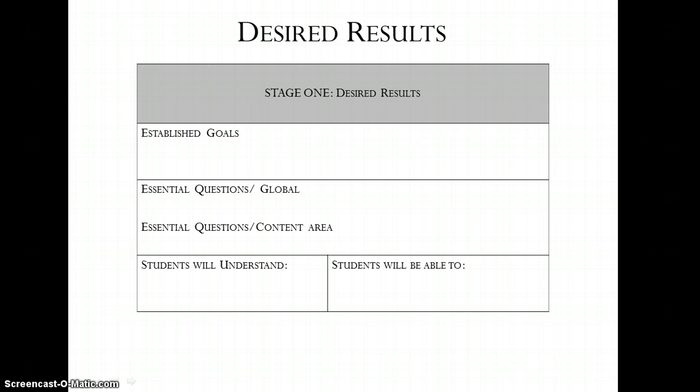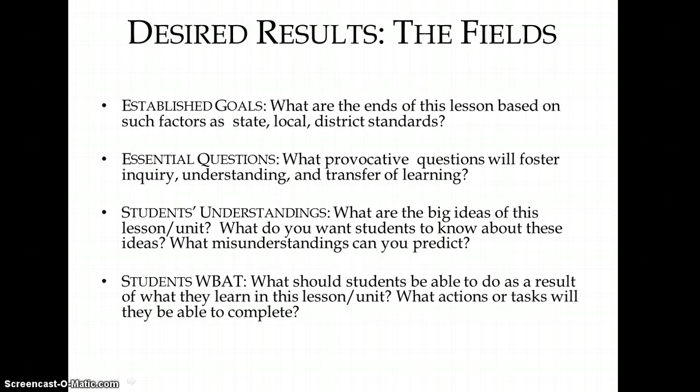We're going to start with the desired results, and that's stage one of this model. There are 4 sections under the desired results. The first is establish goals, which are the ends of this lesson based on factors such as the state, local, or district standards that you are required to address as a teacher.